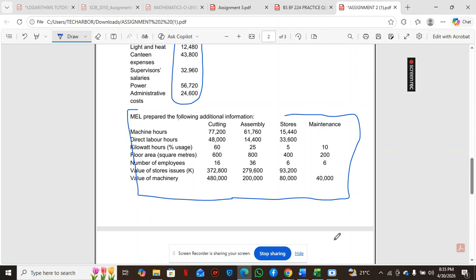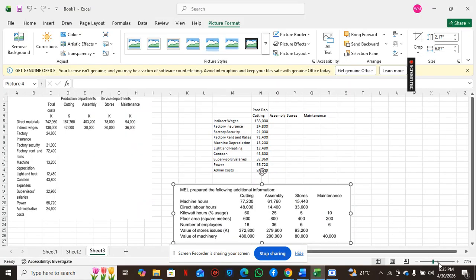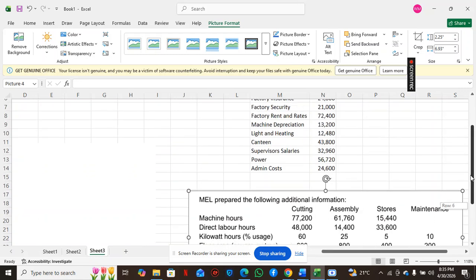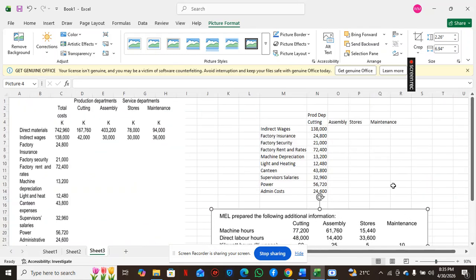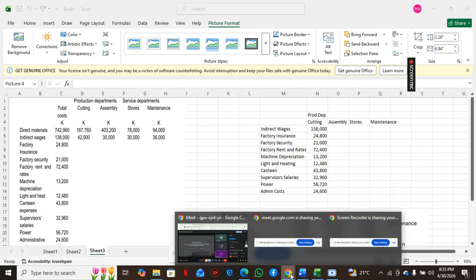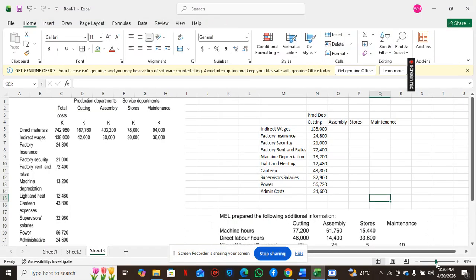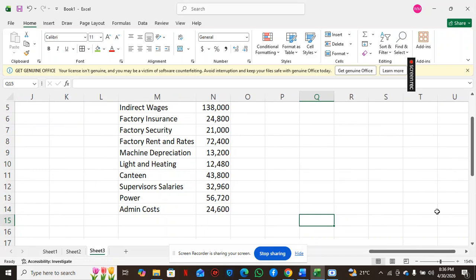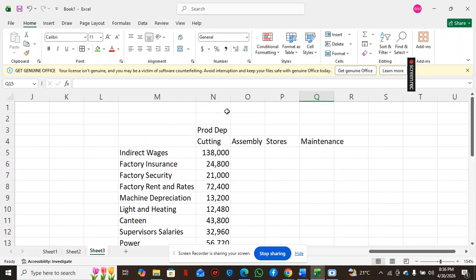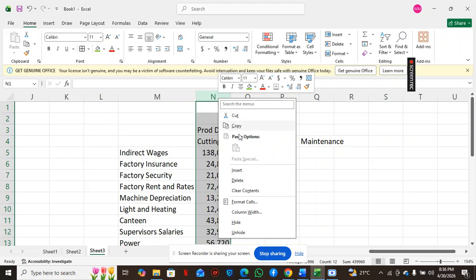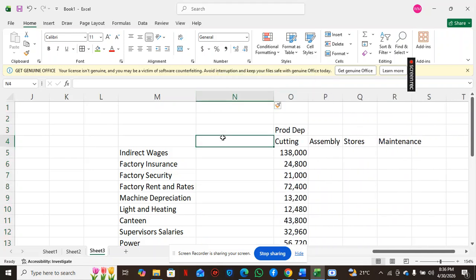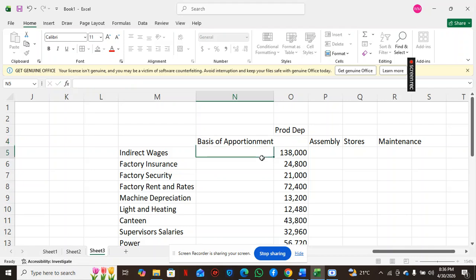So you're going to make a table like this. And in this table, we're going to clearly state what basis we're going to be using to apportion each of the overheads.